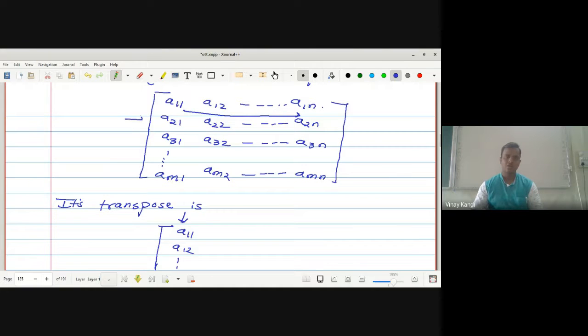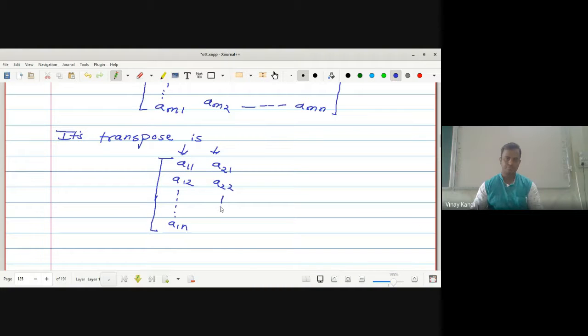The second row becomes the second column: A21, A22 up to A2n. Similarly, up to the last row becoming the last column: Am1, Am2 up to Amn.